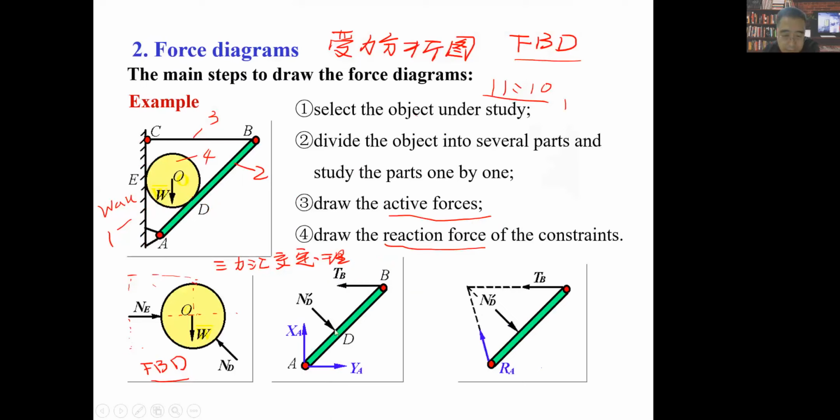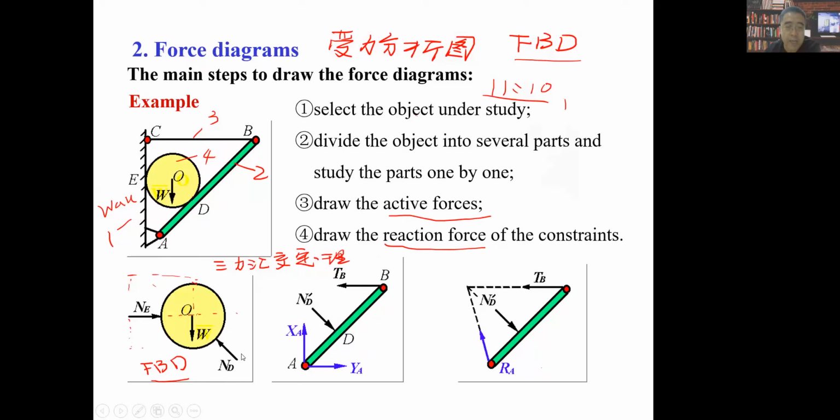And this one has a little bit of a trick. Actually, we should also draw its common tangent line and the normal line through the contact point. But we highly recommend you give the direction of this ND prime, which should be opposite to this direction.